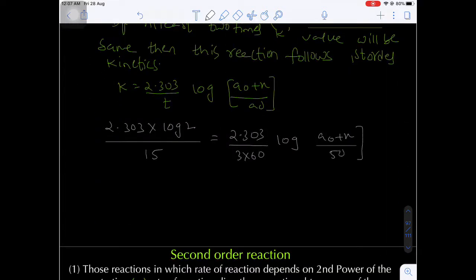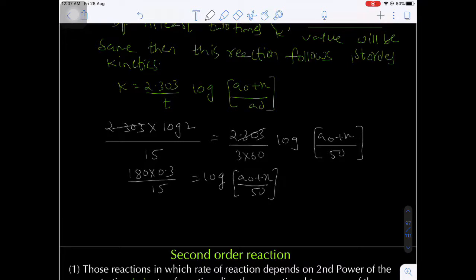Are you getting my point? Now here, 2.303 gets cancelled out. So 180 into log 2 value 0.3 divided by 15 will be equal to logarithm of (a0 plus x) divided by 50.